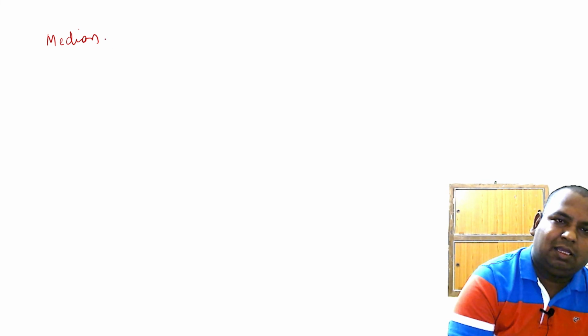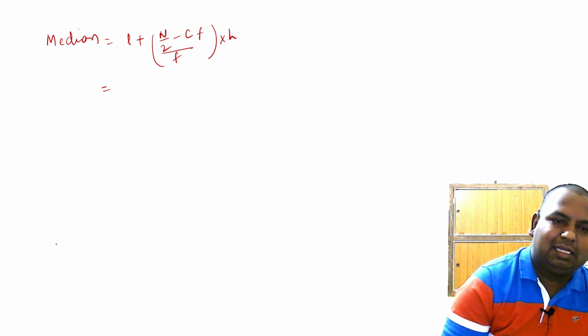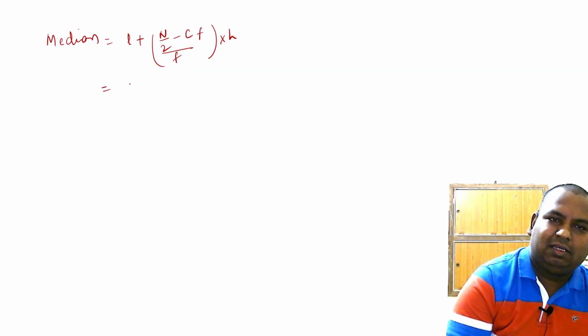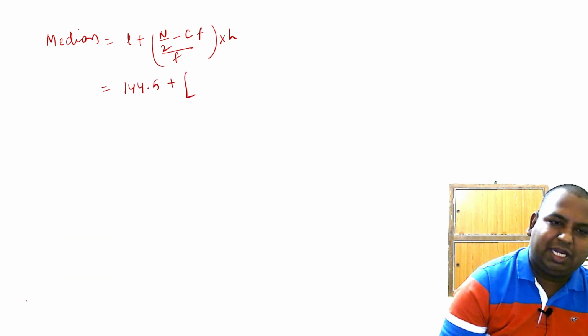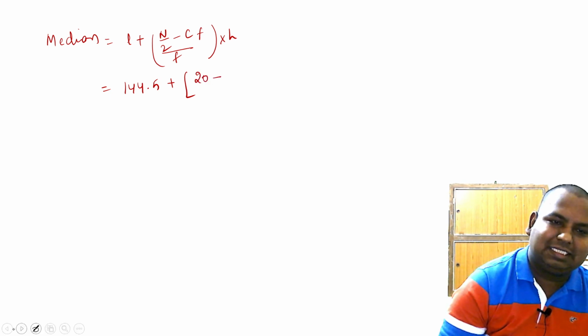Now let us apply the median formula to find the median of this data. Median is equal to L plus (N by 2 minus CF) by F into H. L value here is 144.5. So 144.5 plus N by 2. N is 40. 40 by 2 is 20, minus CF.